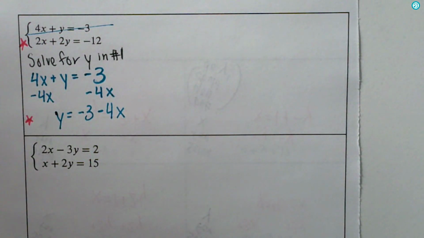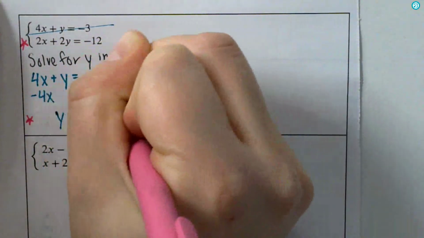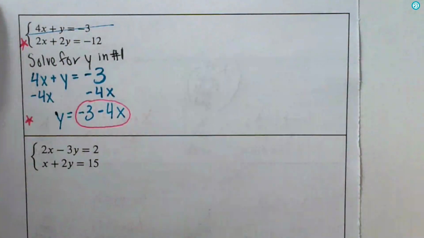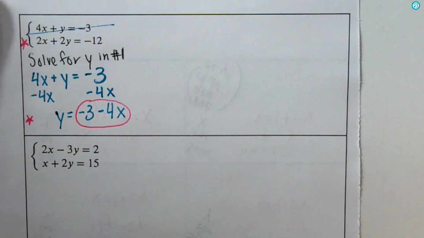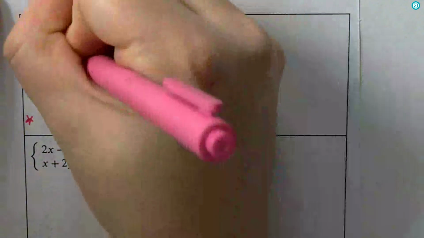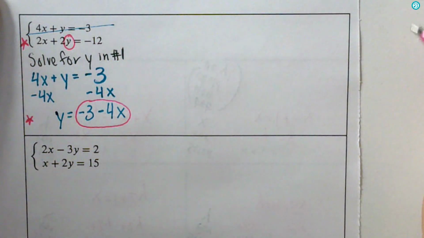So our next step, the exact same thing we did Friday, we are going to take this y equals, we know y equals -3 minus 4x. Where are we able to plug that in to our other equation? For the y, because it is y equals. So it's going to go in this y right here. So I'm going to rewrite that.